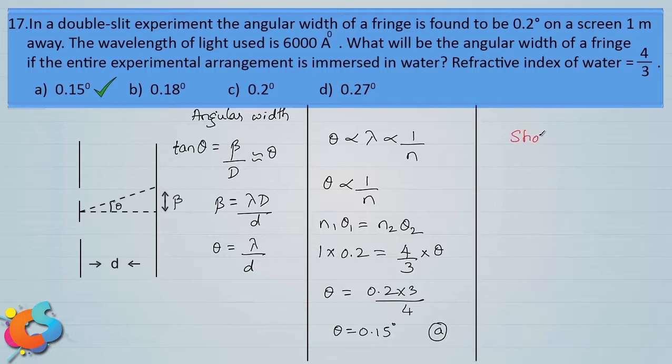The shortcut is: if beta air is the fringe width in air and beta water is the fringe width in water, and similarly theta air is the angular width in air and theta water is the angular width of the fringe in water, you can connect a relation: beta water is equal to beta air divided by the refractive index.